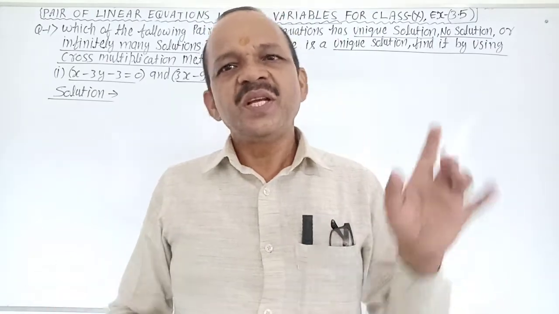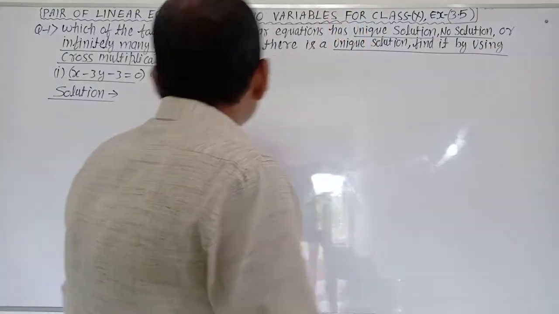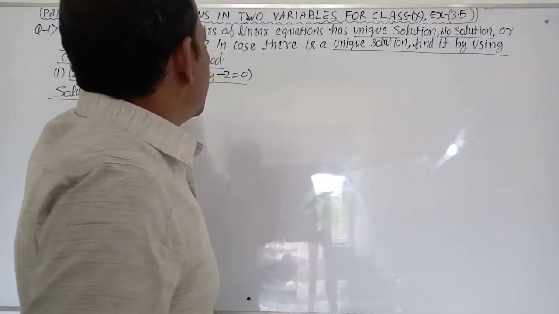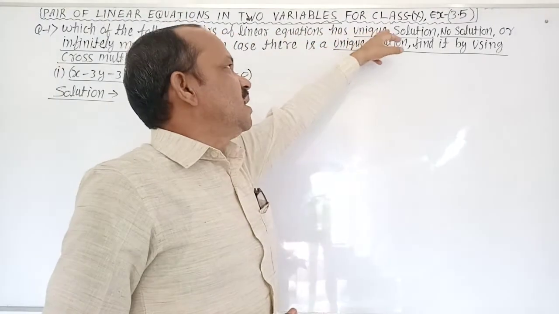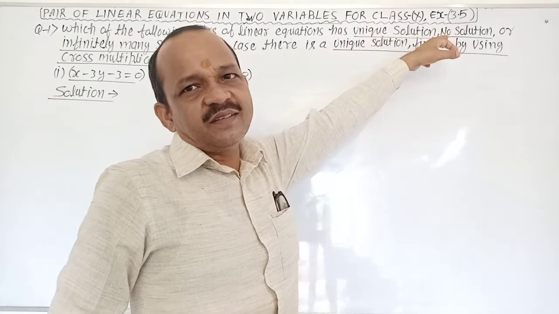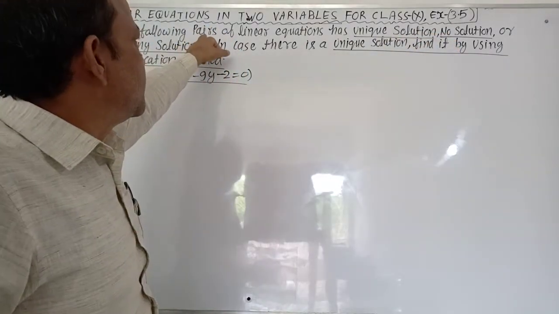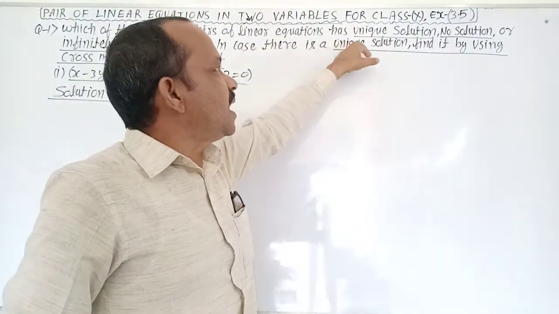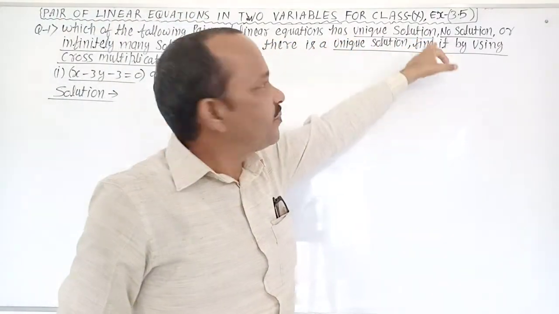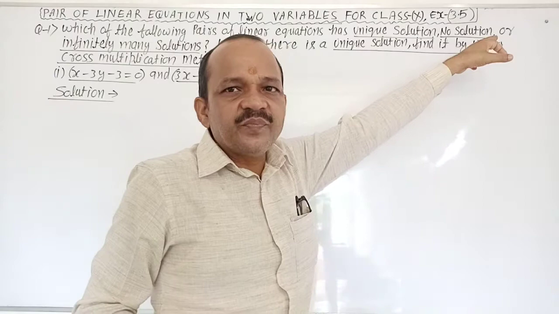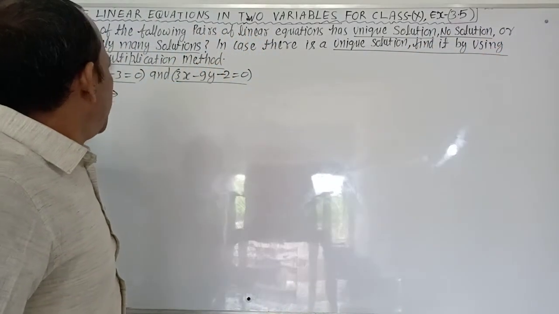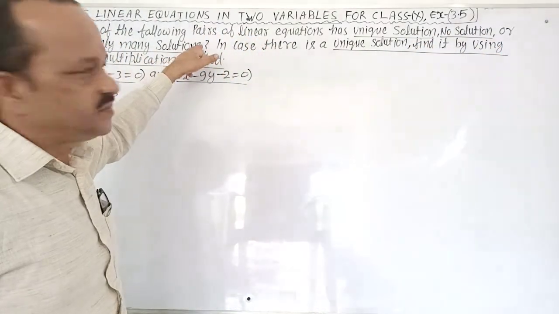Very good. See the board. Pair of linear equations in two variables for class 10, exercise 3.5. Question number one. Which of the following pair of linear equations has unique solution, no solution or infinitely many solutions?